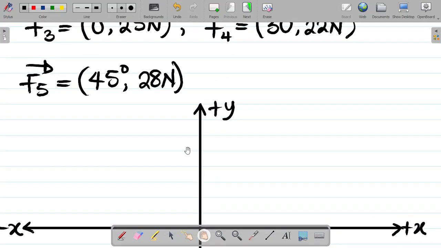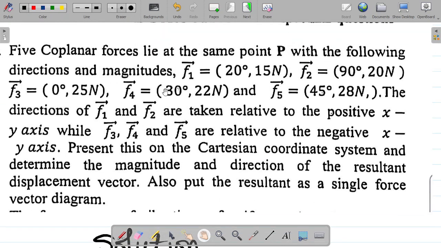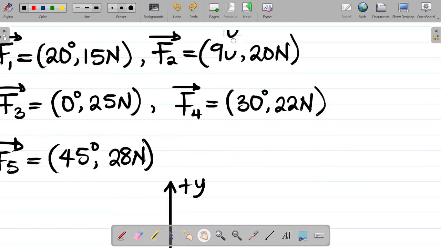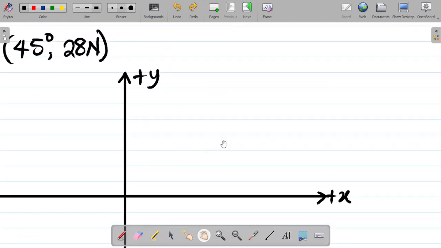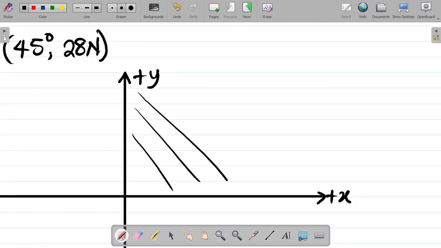Now, they said F1 and F2 are taken relative to the positive XY axis. Where's the positive XY axis? It means positive X and positive Y, which is this region here. This region shows you positive X and positive Y.